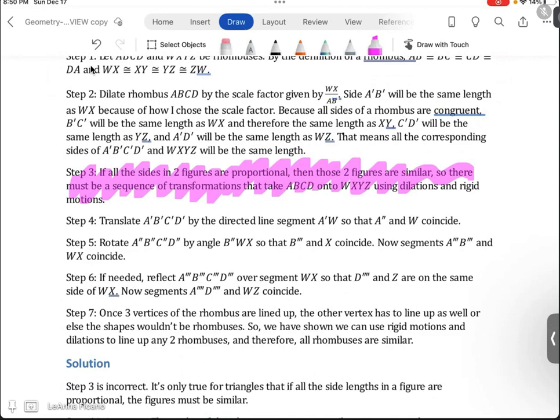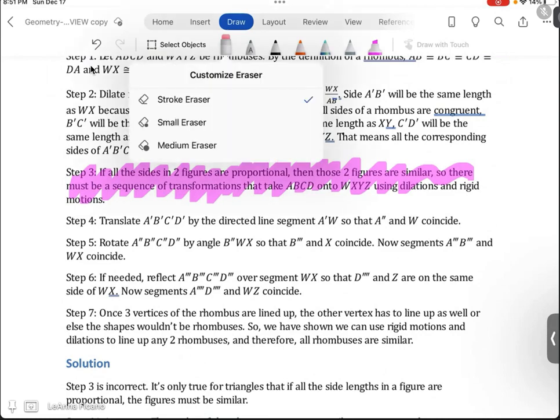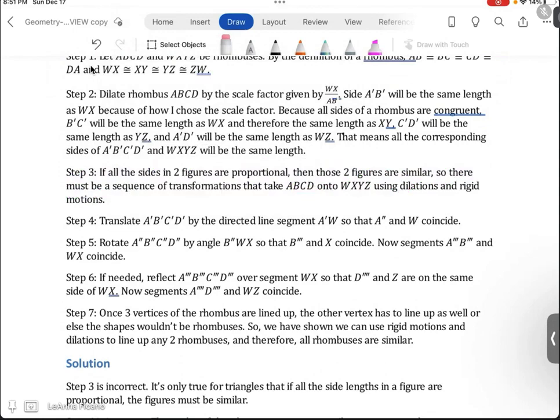First of all, we know the most important thing about figures being similar is actually their angles, right? Their sides need to be proportionate, but it has to show that their angles are also congruent as well. We have those laws for triangles, but we haven't really discussed the different rules for rhombuses.